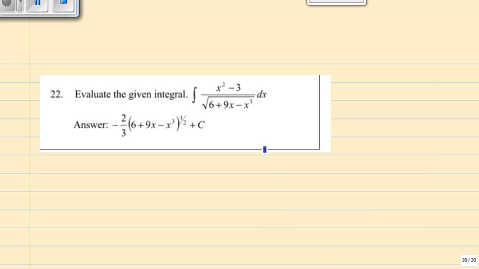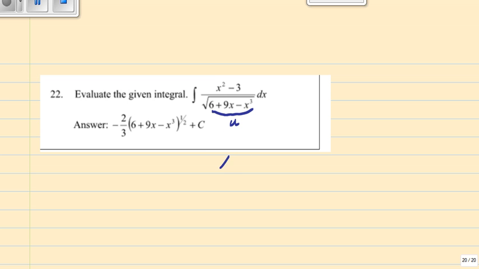Okay, in this case, again, we're looking for the derivative of the radicand. If we let this equal u, the derivative of 6 is 0, the derivative of 9x is 9, the derivative of minus x cubed is minus 3x squared, so we are on the right track.